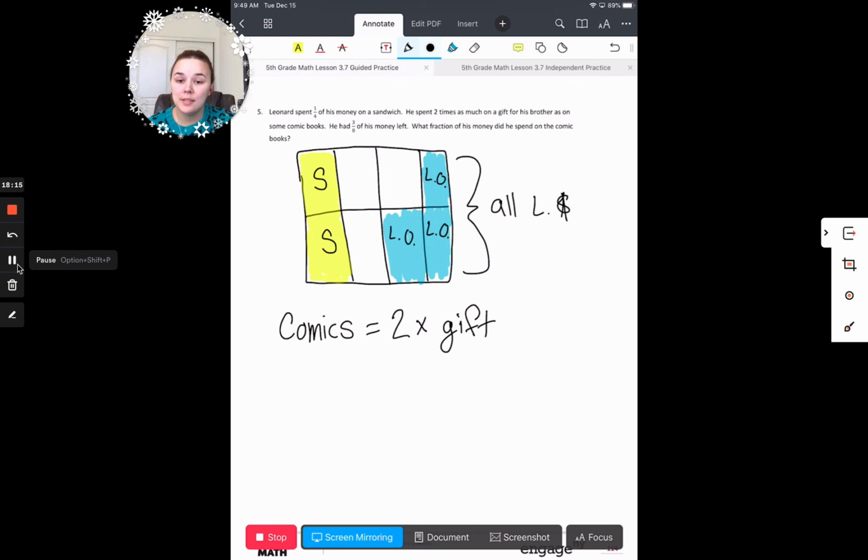We have 3 pieces left over. So that must mean that the gift is going to be equal to 1 piece, since 1 times 2 gives us 2, and that's what we'll have left over. So this 1 piece is the gift for his brother. And then we have 2 pieces for the comics.